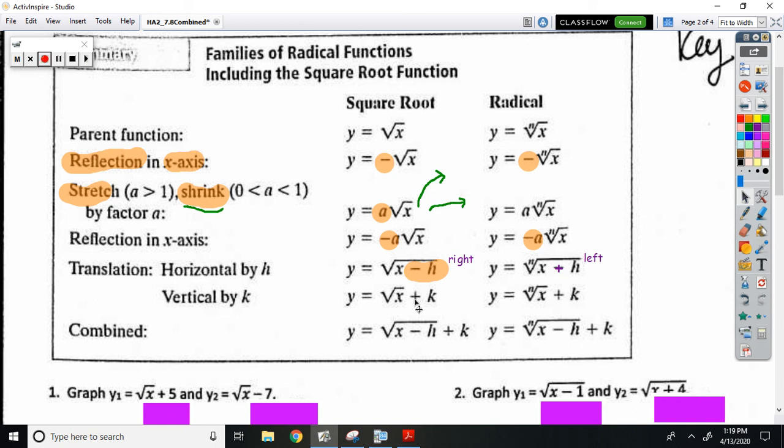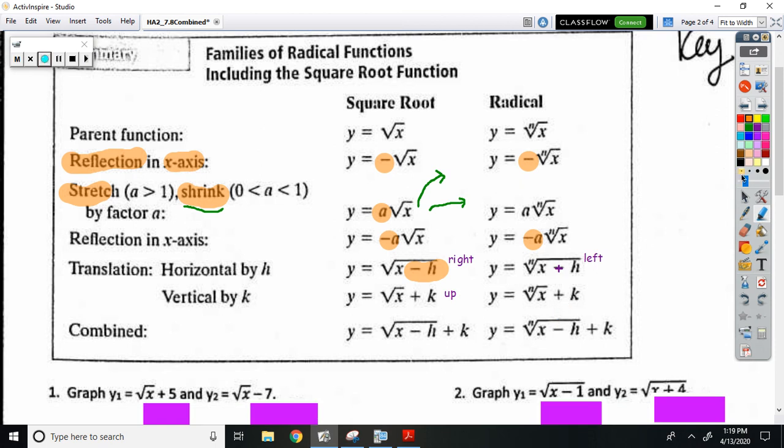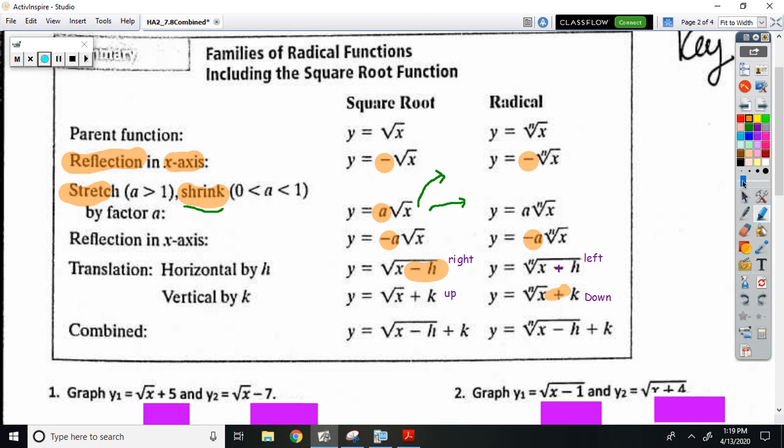Whereas vertically, plus outside tells us to go up that many units. Whereas if it were minus k, that would tell us to go down. Let's go ahead and change this one to a minus. And then you can have a combination of these, which would be shifting right h units and up k units, or left and down.